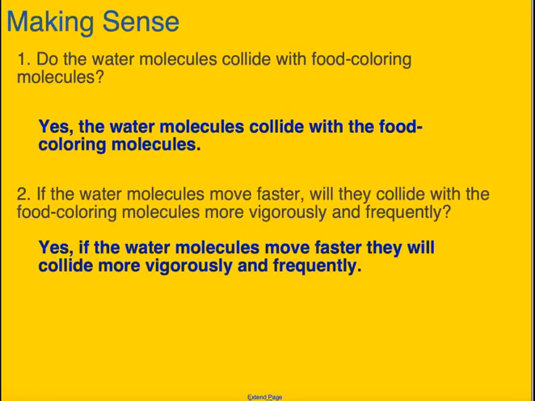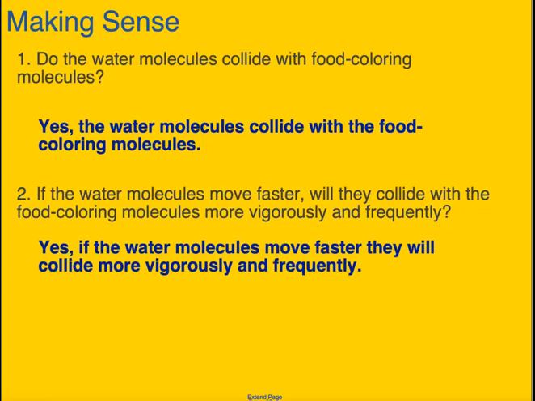So number 1, do the water molecules collide with food coloring molecules? Absolutely. The water molecules collide with food coloring molecules. You can see that in the water, especially the heated one, the molecules are moving much, much faster. So number 2, it says if the water molecules move faster, will they collide with the food coloring molecules more vigorously and frequently? So when you watch those 2 beakers filled with one hot water and the other one filled with cold water, if you remember, the one with hot water, the food coloring spread out everywhere.